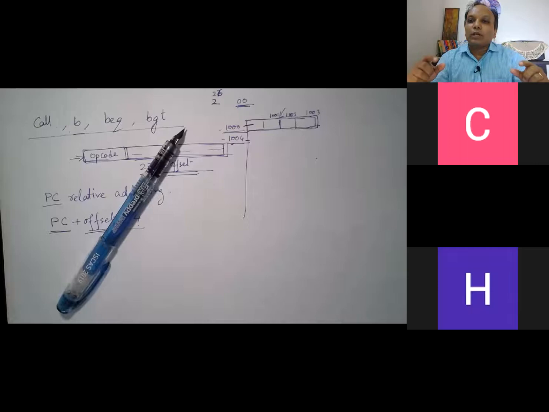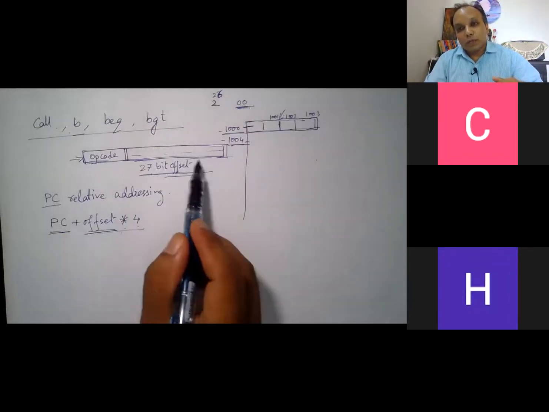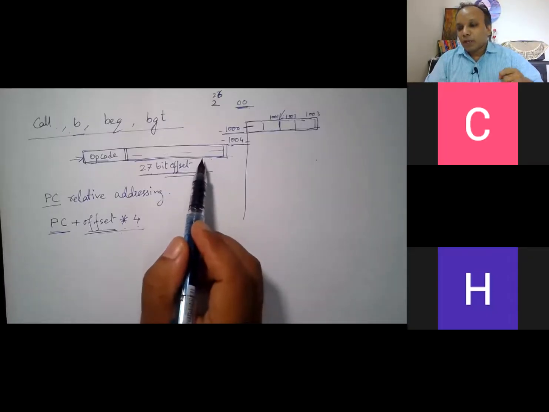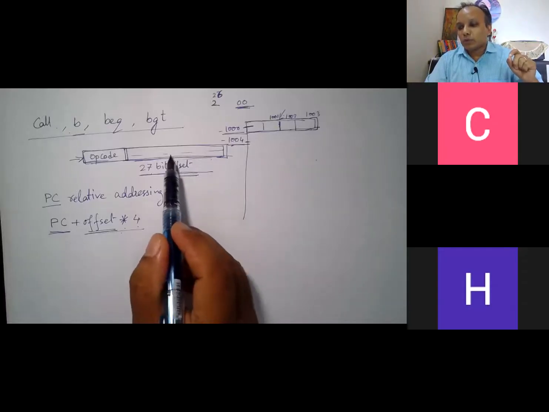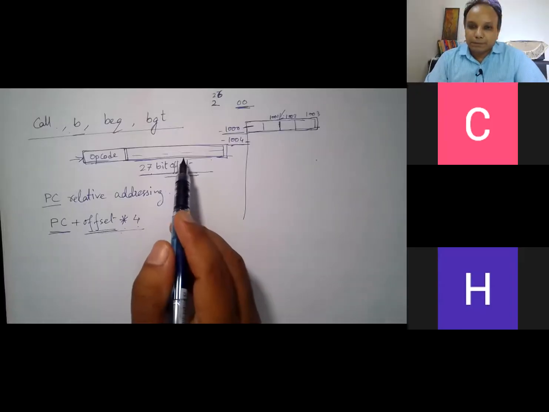After fetching, you will decode. In the decode stage, you will look at what the opcode is, what the offset is, what the different operands are, and so on. And once that is done, you know where the offset should be and all these things.